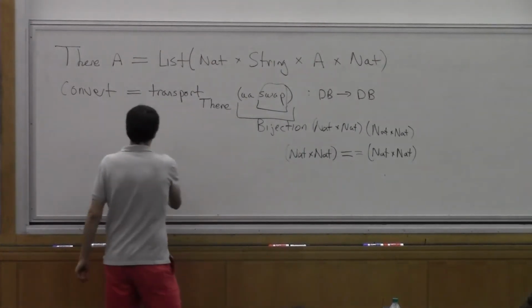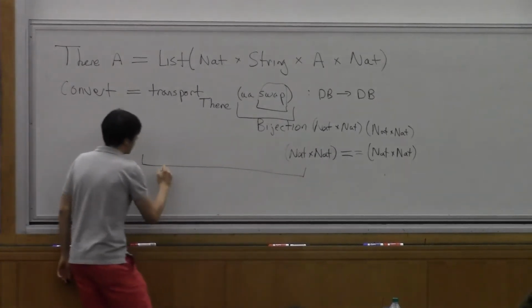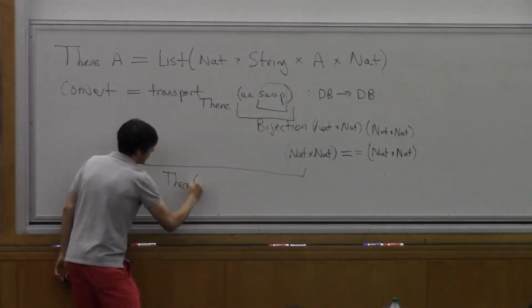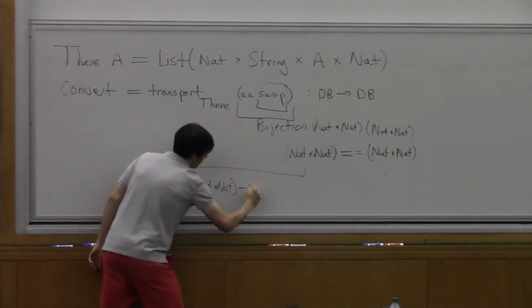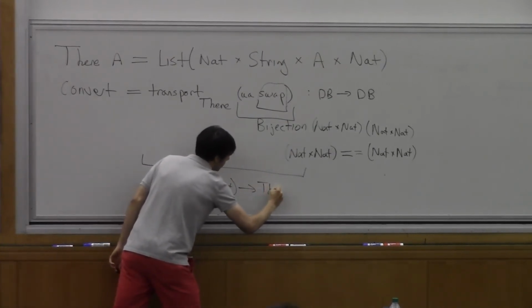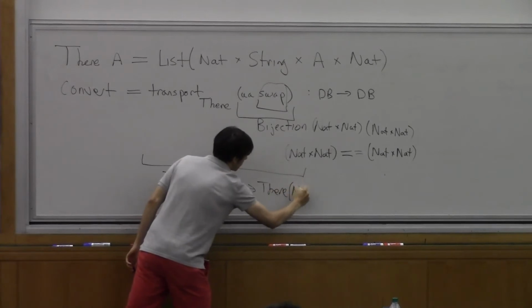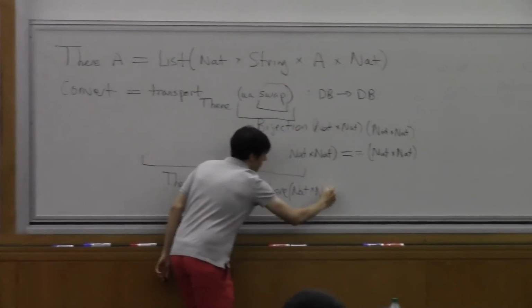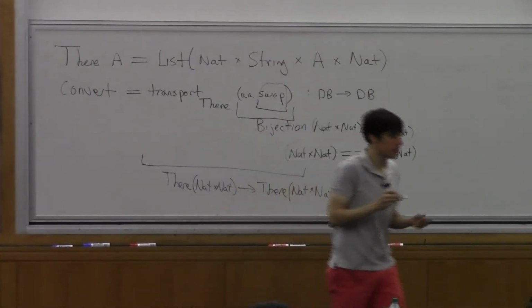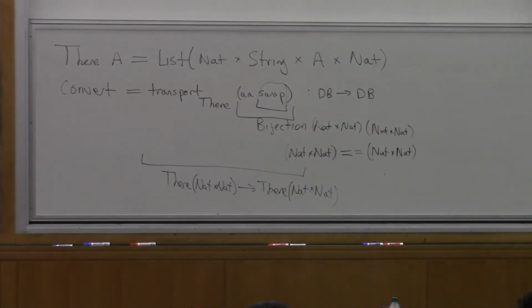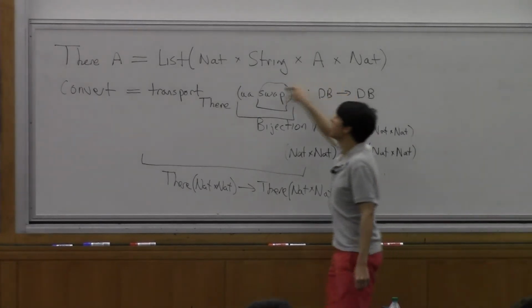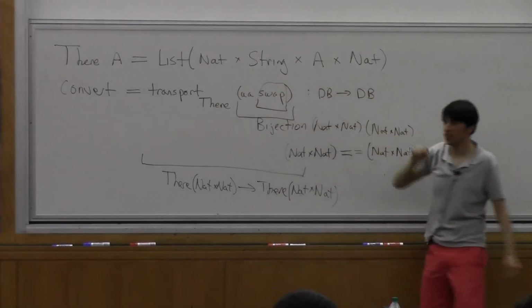When we apply transport there, the whole thing has type there of nat cross nat arrow there of nat cross nat. And if you do the substitution, you'll see that when I plug in nat cross nat into there, I get the type of databases, right? Because I plug in nat cross nat for A, which gives me my key, name, month, day, year. Good?